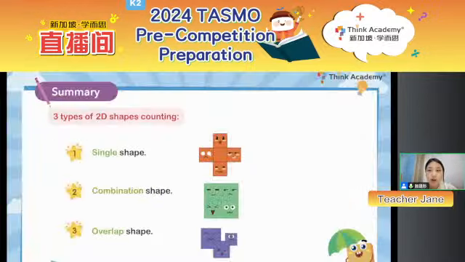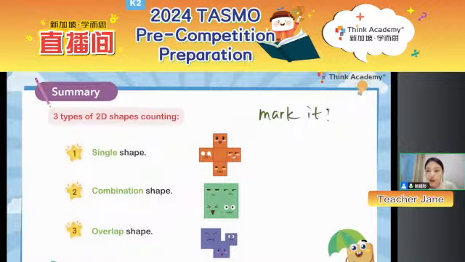We can see that today we learned the 3 types of 2D shapes counting. In the beginning, I gave you some very complex pictures, right? Which means that in the picture, we need to count them in order one by one, from top to down, from left to right. And after you count it, what should you do? Make marks, everyone. Mark it.